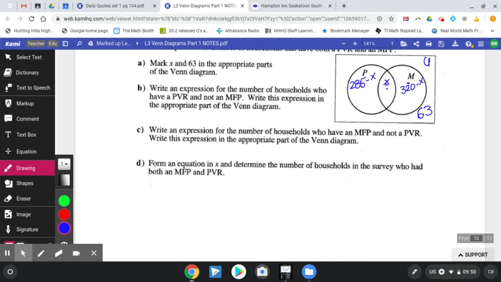So here's that equation. 285 subtract X plus 320 subtract X plus 63 equals 400.